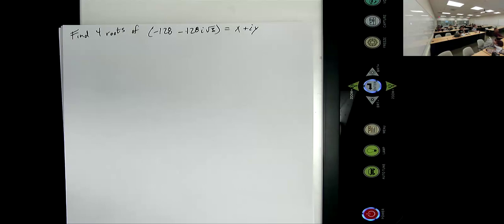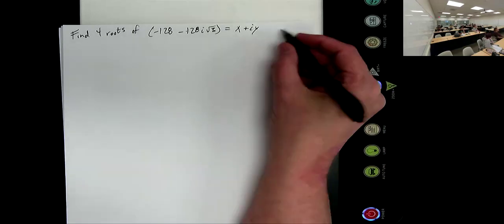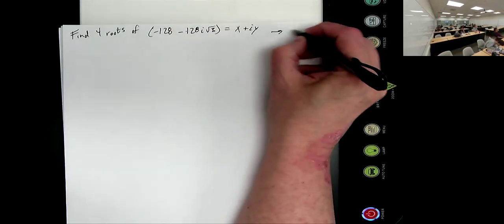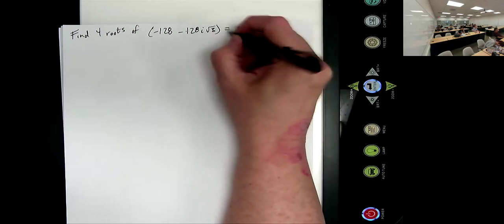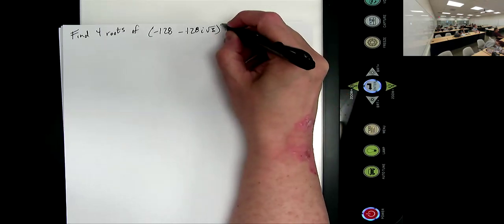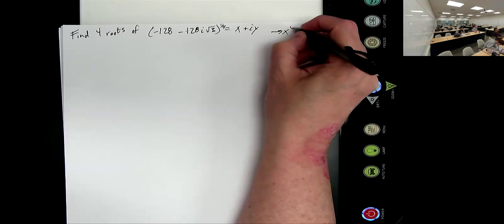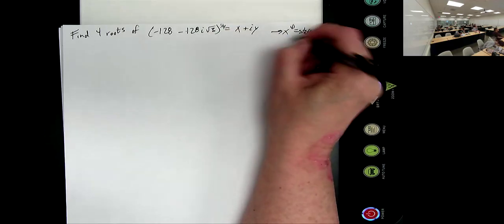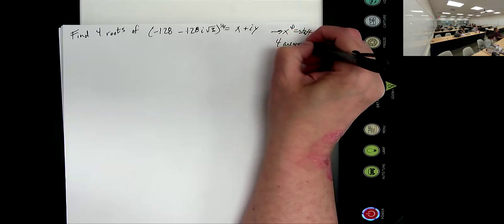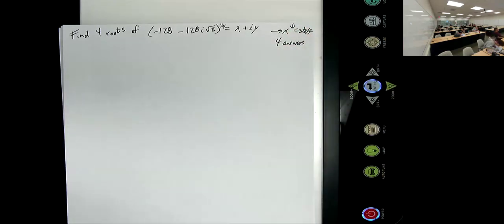The last one was straightforward because we were able to jump straight to what we know the radius was. Yeah. So our 4 roots, it's to the 1/4. It's like saying x to the 4th equals that stuff. So we should have 4 answers.